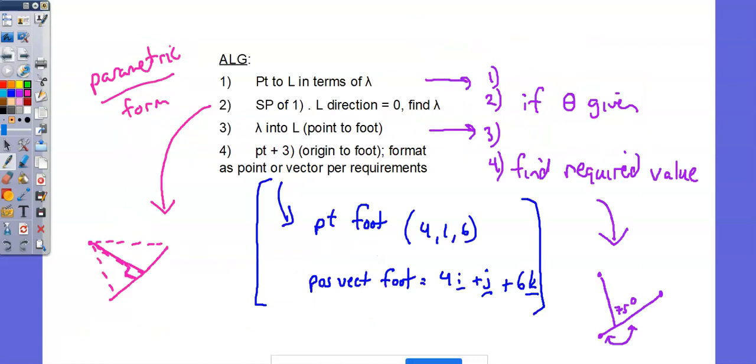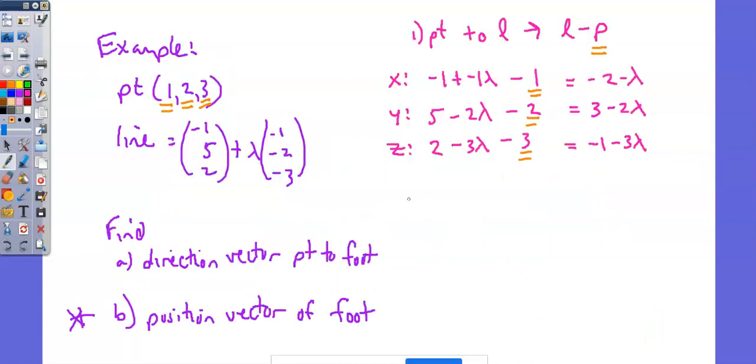Continuing step 2, the scalar product of the result of 1 and the L direction, the line direction. So for step 2, we're going to have the line direction over on the left side and the components from step 1 up above on the right side, scalar product of those. So -2 minus lambda is my first component from step 1.